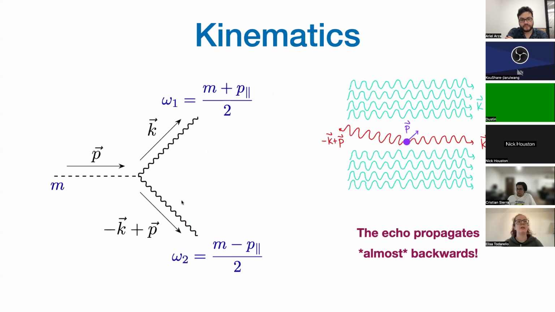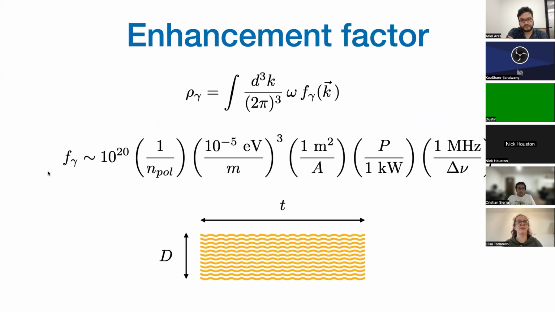So as I said, one of the photons is identical to the one that stimulated the decay, and that one travels backwards, but almost backwards as usual, because the axion has some momentum. So we are in this situation. We have the axion decays. This is identical. This one travels backwards, but it's a bit deviated because of the axion momentum.